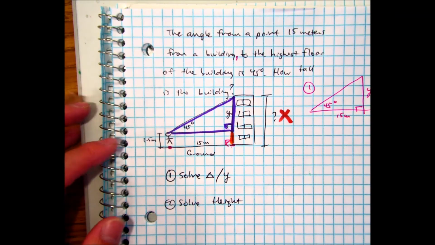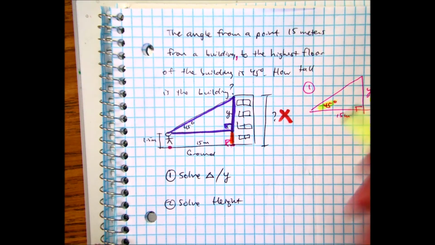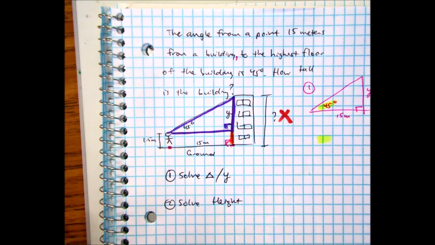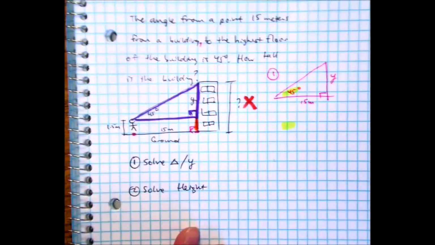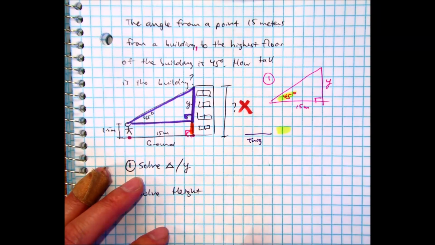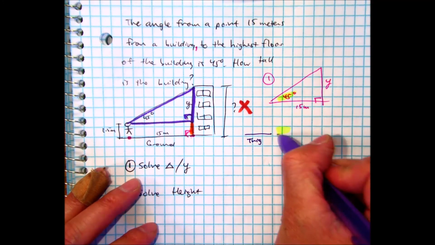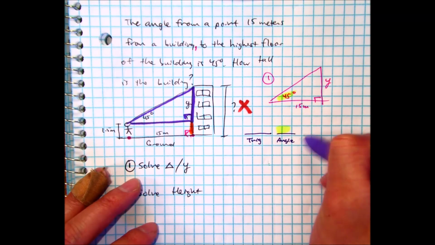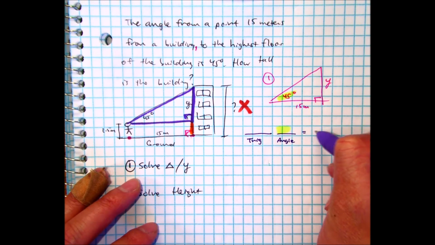Well, from there I can just use my trigonometry. I have my 45-degree angle here. As a review of how to create a trig ratio, you're going to have the trig ratio itself, sine, cosine, or tangent. You're going to have the angle, and that's equal to a ratio.